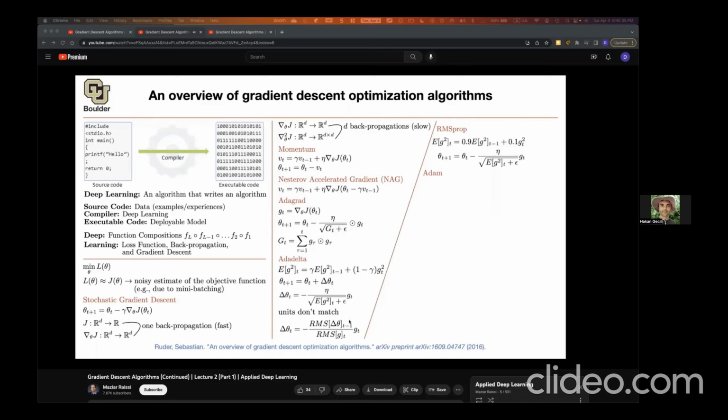And that's going to give you some similarities with momentum. Basically, these are momentumless: ADA grad, ADA delta, and RMS prop. There is no momentum. They just have adaptive learning rates. Adam is going to introduce momentum as well.